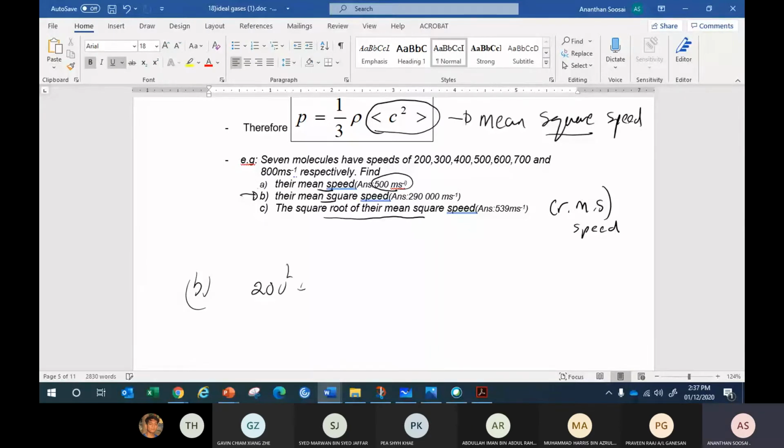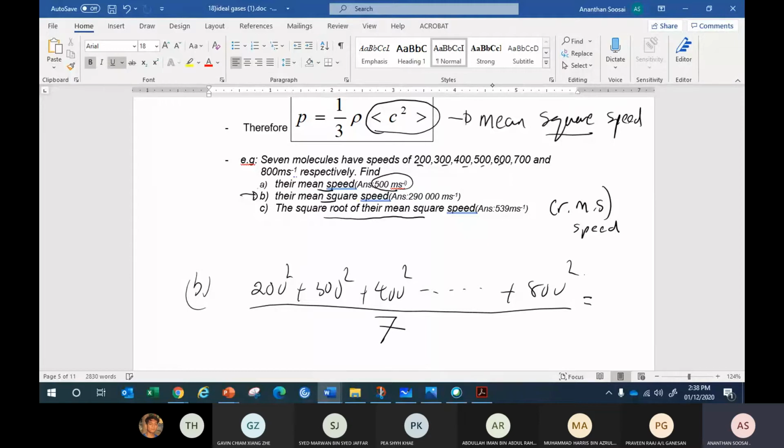Square the speed. Square all of them, up to 800 squared, and find the mean of them, that means divide by n, which is 7 particles. The answer you get here is your mean square speed, the mean of the squared speeds.